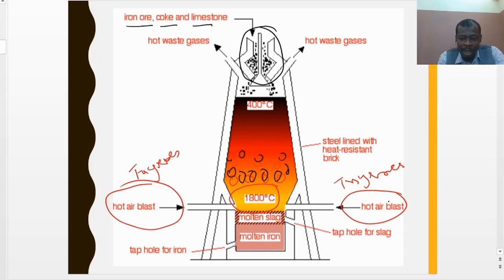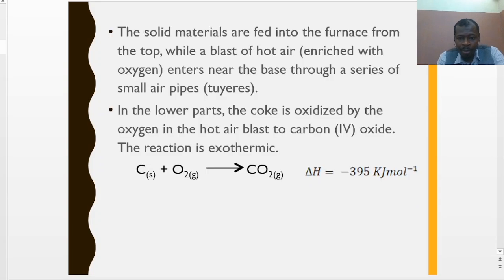Now, as the hot air is made to enter through the tuyeres down into the lower chambers of the blast furnace, some chemical decomposition begins to occur. The very first thing is that in the lower parts, the coke is oxidized by the oxygen in the hot blast to form carbon dioxide.